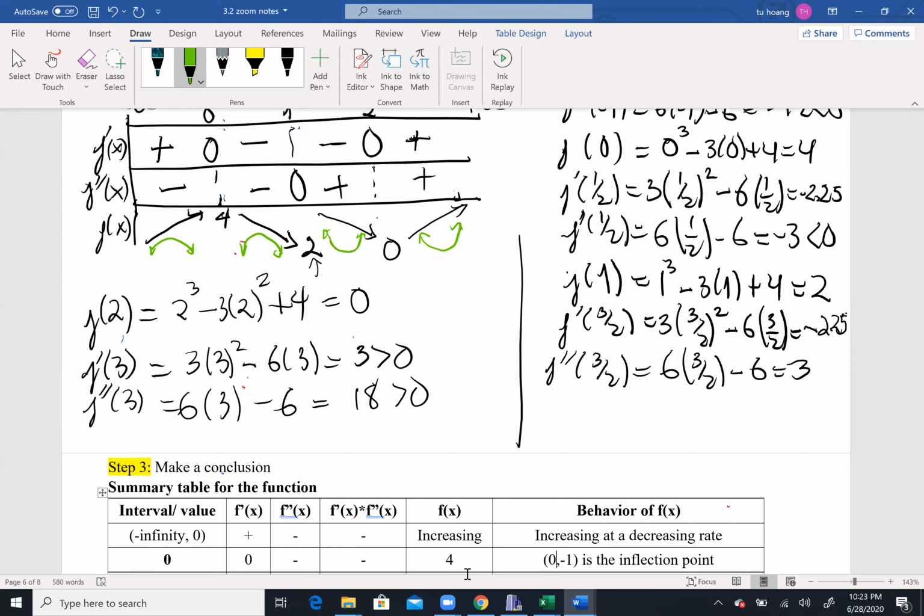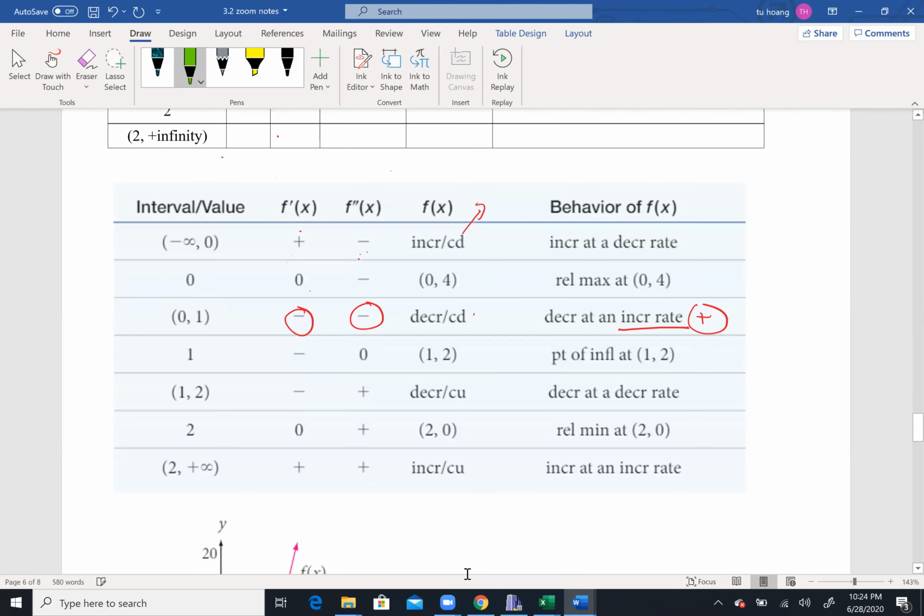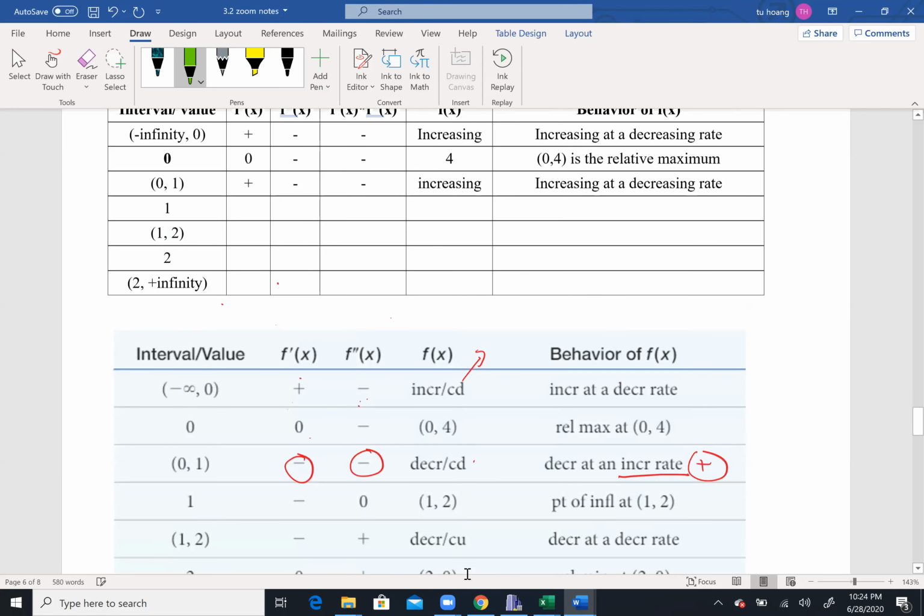And the point (0, 4) is the maximum, relative maximum.